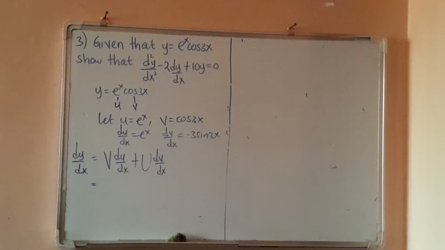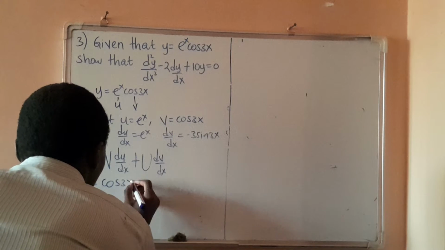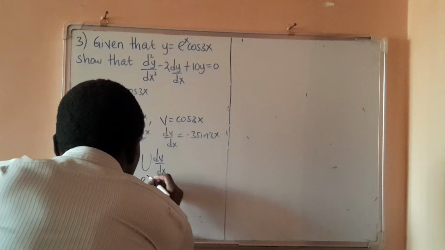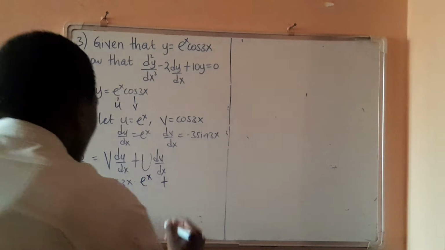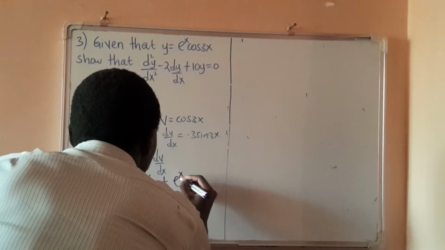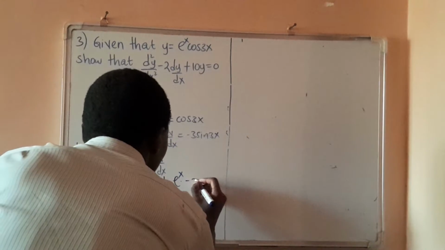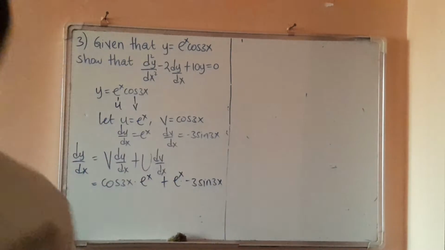So what is our v? Our v is cos 3x, then du dx is e to the x, then plus u, e to the x, dv dx, negative 3 sine 3x.